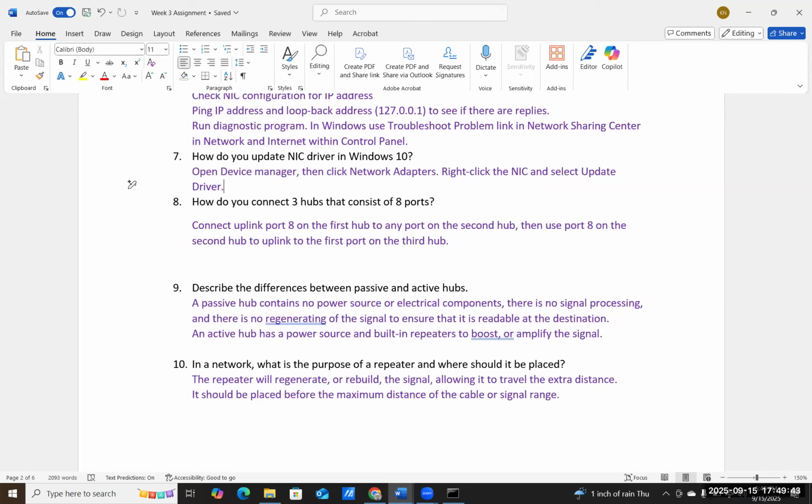And then I talk about the repeater. Basically, you take the signal, right? Some repeaters would rebuild it if there's signal loss. And it's going to take that and send that signal to a further distance. So in a college campus like this, most of your access points have a repeater built in.